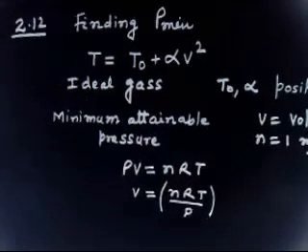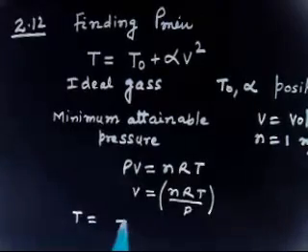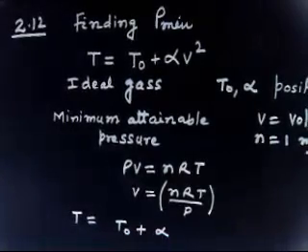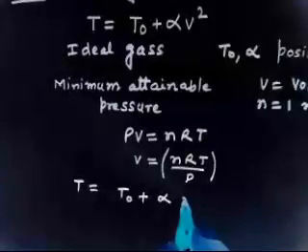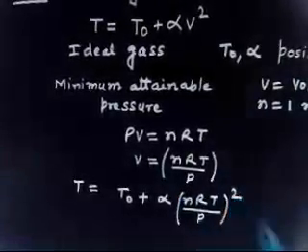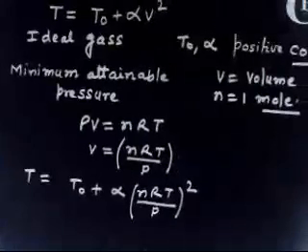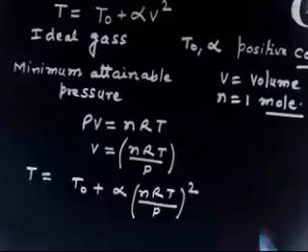So let us plug the value of volume here. We will have T equals T naught plus alpha times nRT by P, the whole squared. Now this is the equation in terms of temperature and pressure.